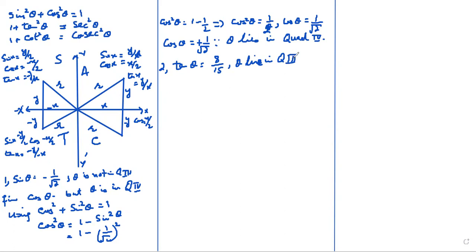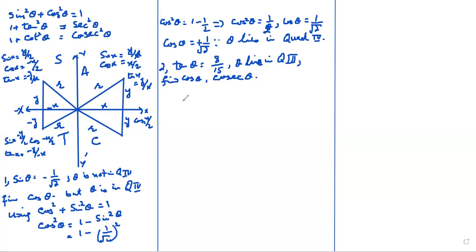Find the value of cosine theta and cosecant theta. So now find cosine theta and cosecant theta. Right. So cotangent theta equals this.